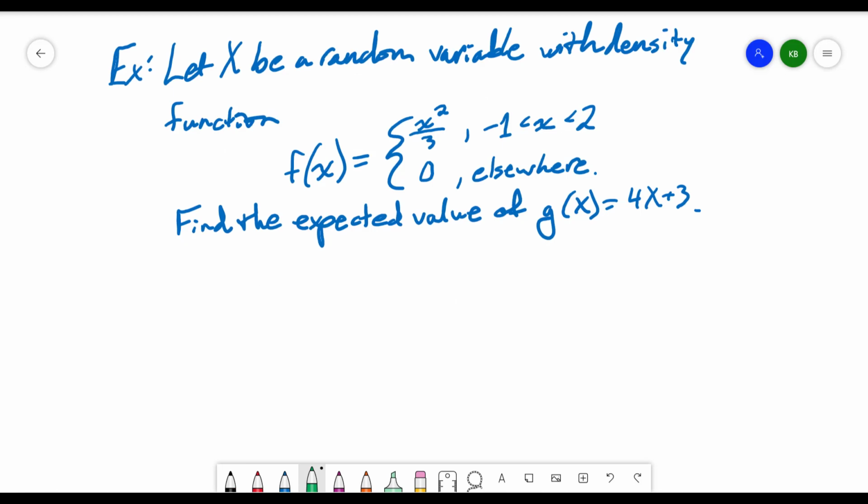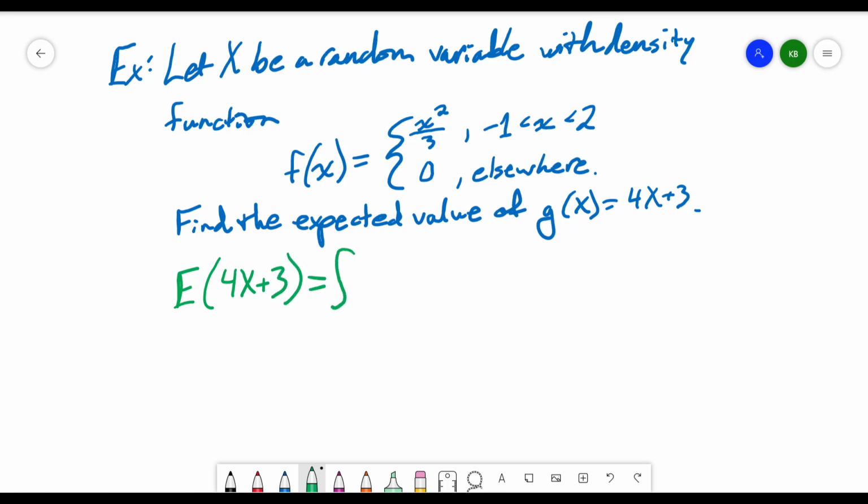So let's take a look at an example with a continuous random variable x and a density function f of x, where we're asked to find the expected value of some random variable g of x equal to 4x plus 3. To do this, we can simply find the expected value of g of x, or 4x plus 3, by following our definition.